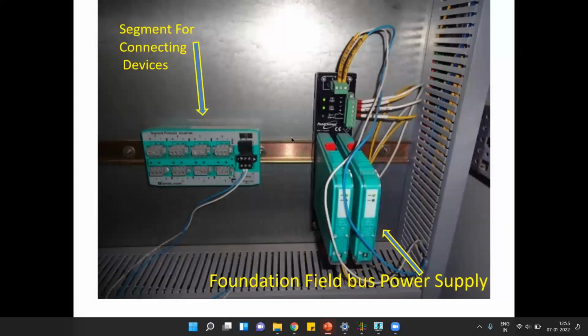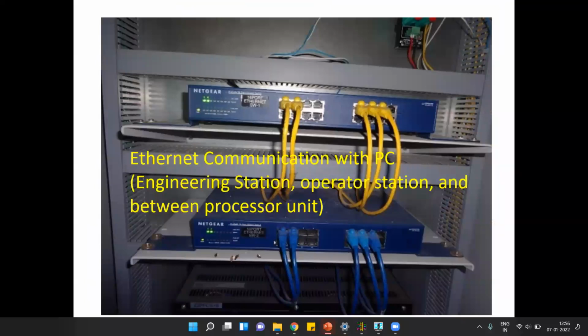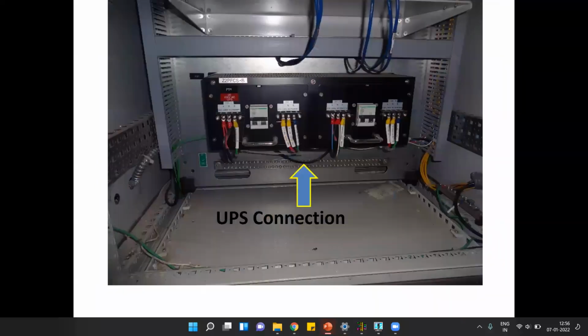Instead of junction boxes, we are using this Foundation Fieldbus for the controlling, because it is very helpful for diagnostics of devices. These are the communication units to control the processor, controller, and devices. Both can be communicated with using these Ethernet cables, because these are the protocols used in this DCS.